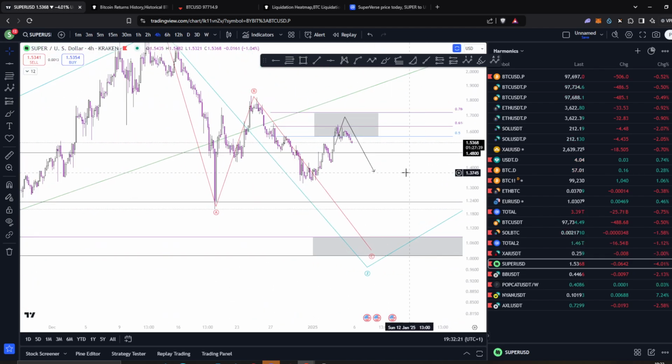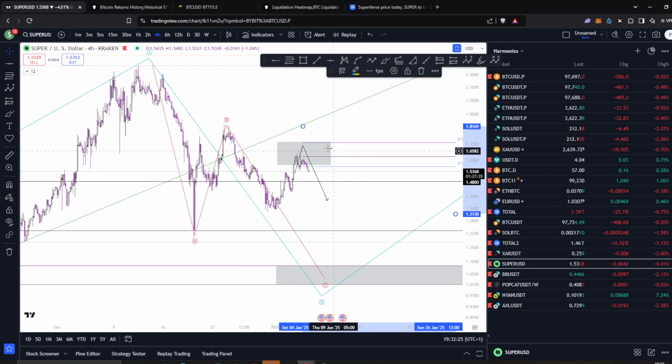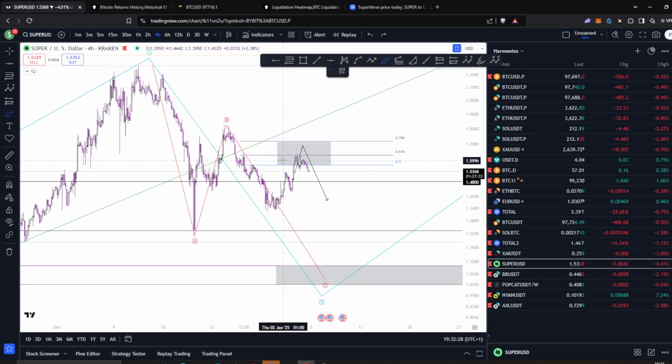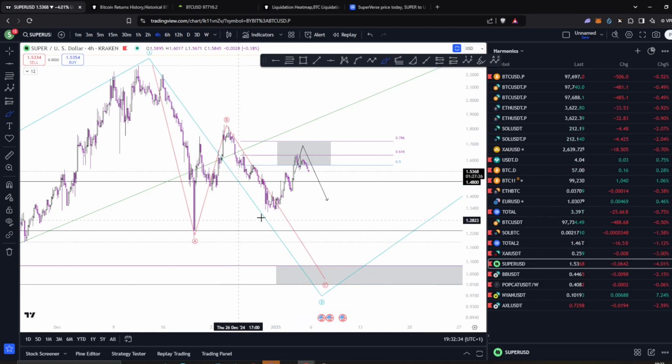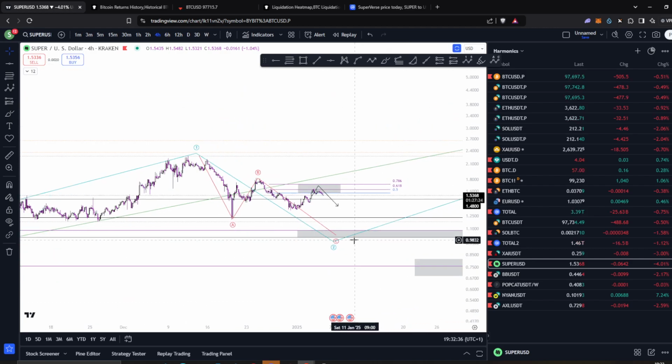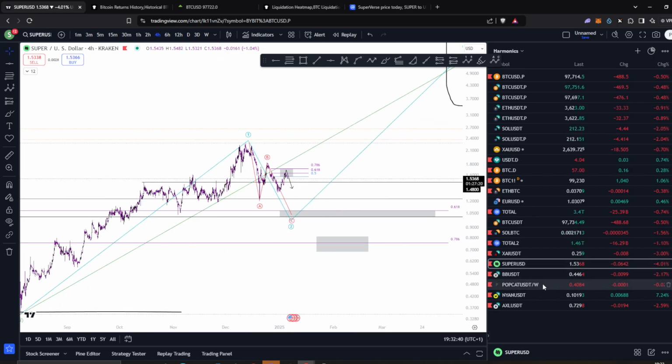So you just gotta keep betting on the strong coins. I do have a bit of a short open right now from these fibs, as I am looking for a corrective move here as we run to 3, 4, 5 and then push down. So that's my take on Super.